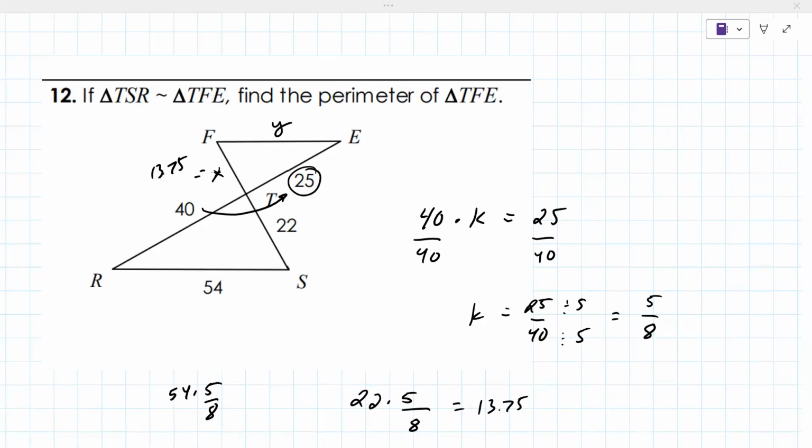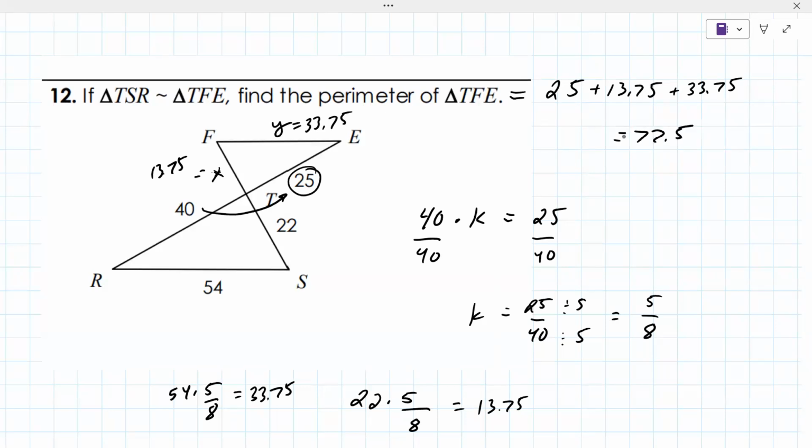And that becomes 33.75. So to find the perimeter of that new triangle, it's 25 plus 13.75 plus 33.75. We'll add those up real quick. 72.5. And that's your final answer.